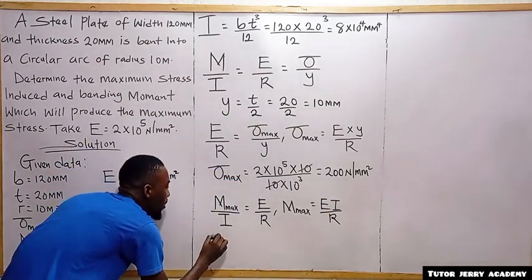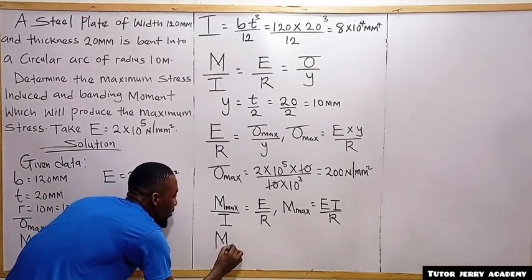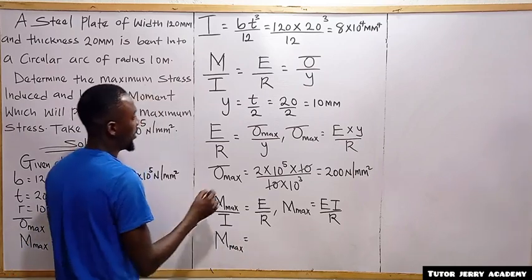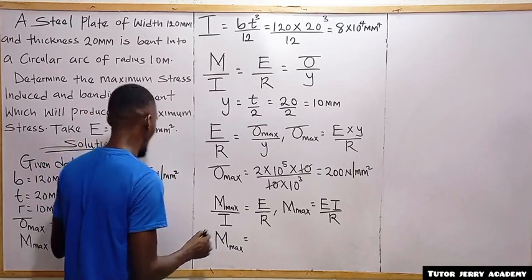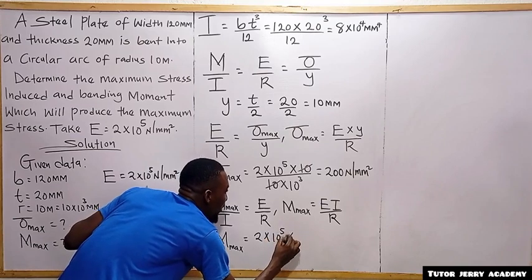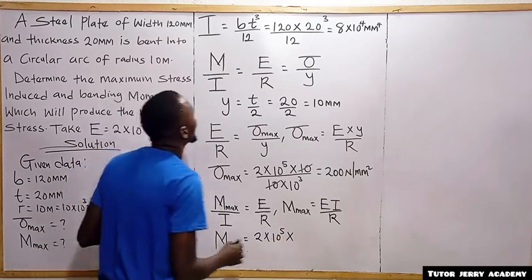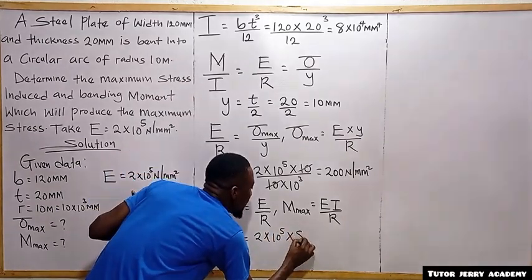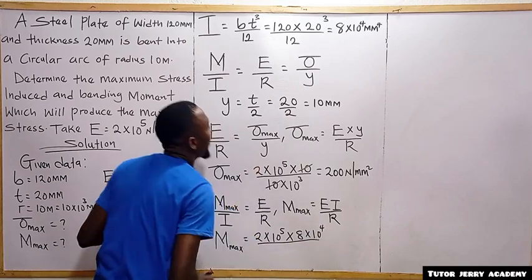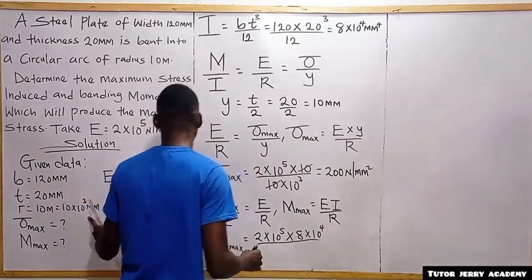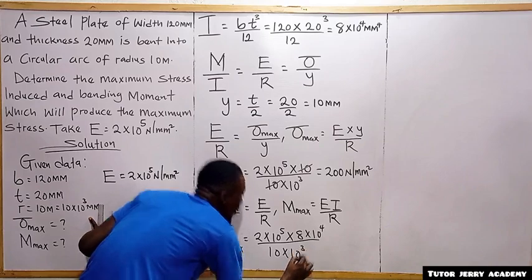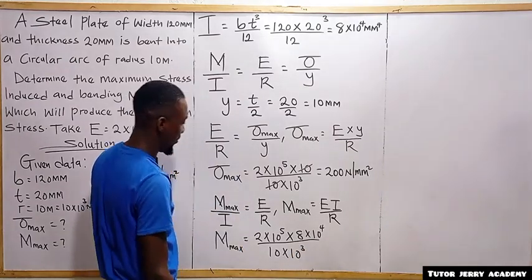So let's substitute there. We are going to have maximum bending moment equal to our Young modulus. Our Young modulus is equal to what? 2 times 10 to the power of 5, then times I, that is the moment of inertia, which is 8 times 10 to the power of 4, divided by our radius. Our radius is 10 times 10 to the power of 3. Alright.